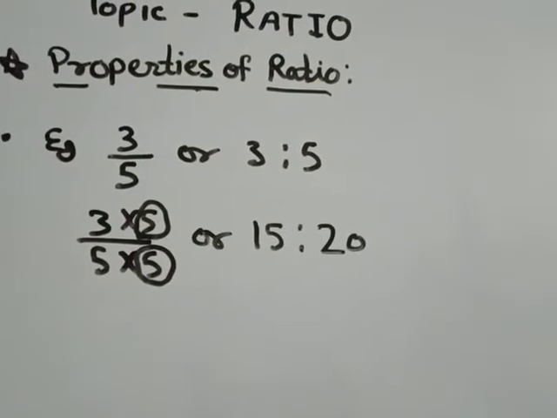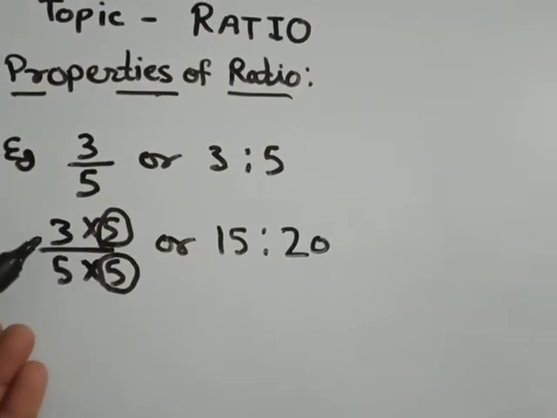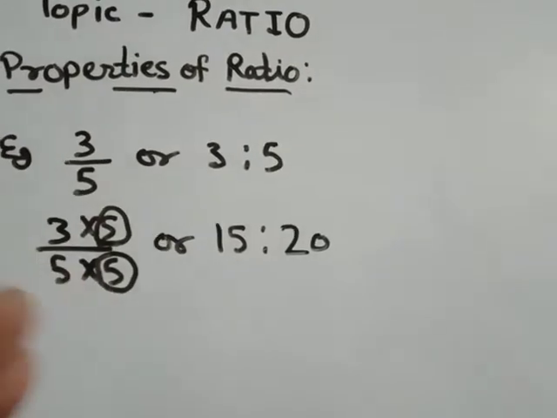We have to find an equivalent ratio, so we should multiply or divide the given ratio by the same number.